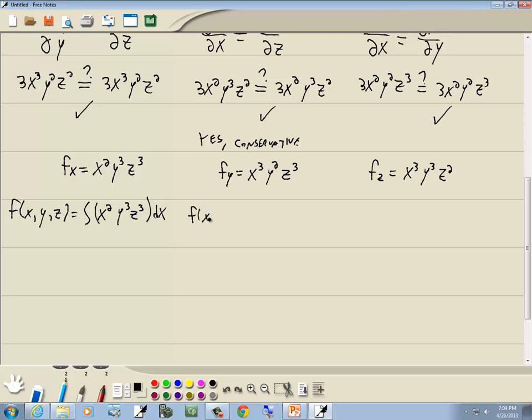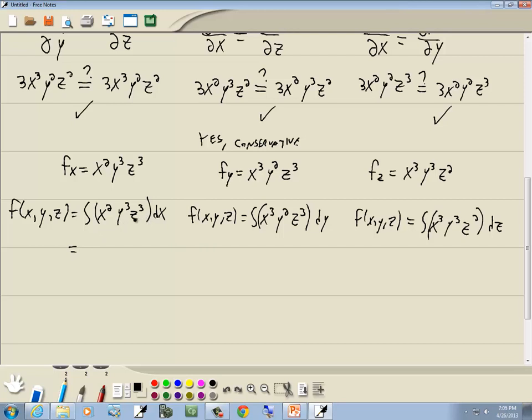This one, we'll take the integral of x to the third y squared z to the third with respect to y. And on this one, we'll take the integral of x to the third y to the third z squared with respect to z. The other variables are just constants, they just remain.